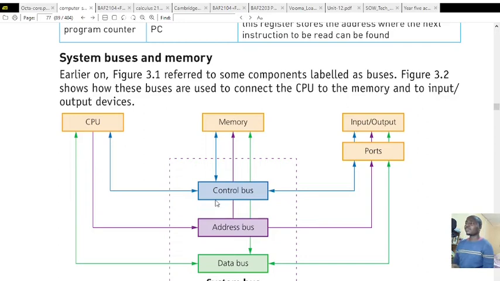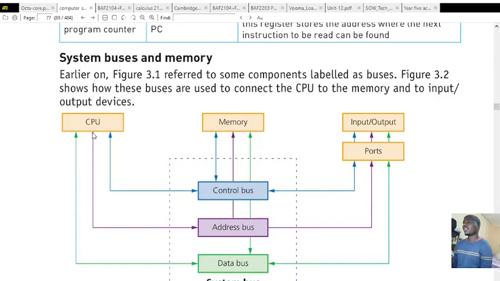So this is how the buses and the memory locations have been connected, and as you can see, the data bus is represented by the green arrow. The green arrow has arrows on both ends, meaning that it is bidirectional. Then we also have the violet color representing the address bus, which is unidirectional.